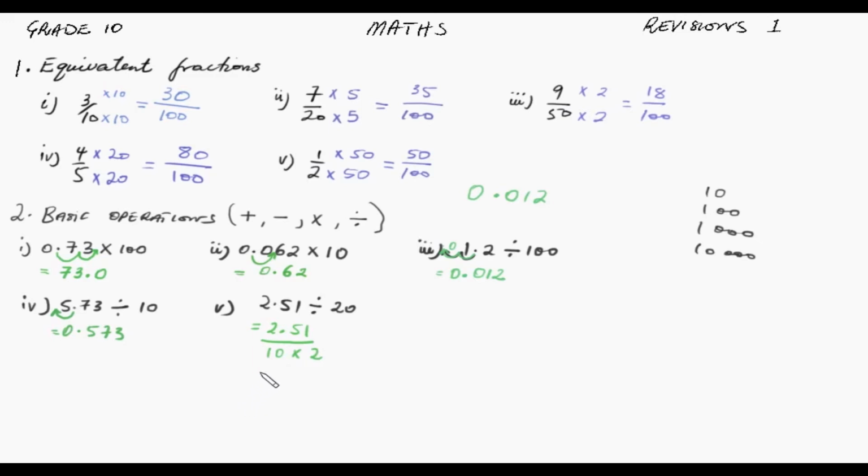You just write it like this because it's going to be easy when you present it like this. 2.51 divided by 20, but 20 is 10 times 2. Then this becomes 2.51 divided by 10 times 1 over 2. It's the same. So we have separated them because we want to deal with this first. Division by 10, which will make us move this point this way.